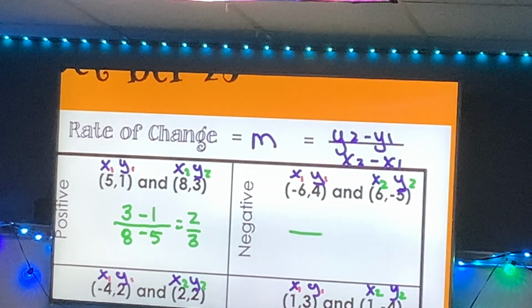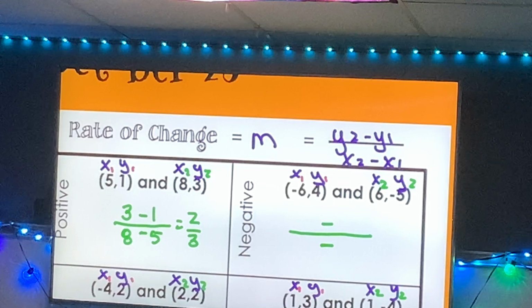So let's do this next one. What is my y? And go ahead and set it up like that. Then if you have a negative, you're going to still put a negative. What is your y2? Negative 5.